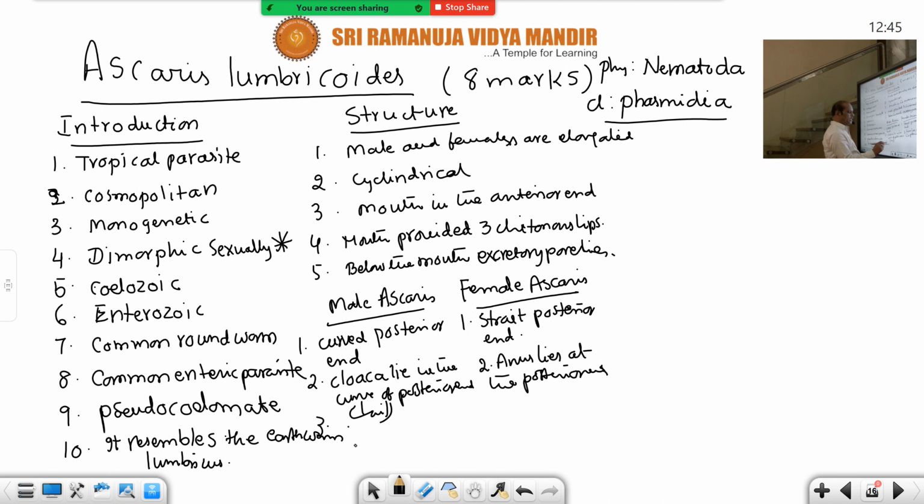In males, two equal copulatory spicules are present, penial setae, which help in the transfer of sperms into the females.